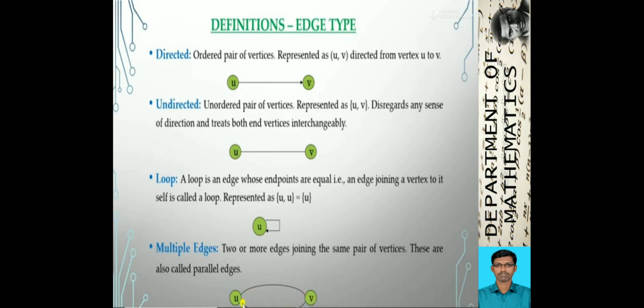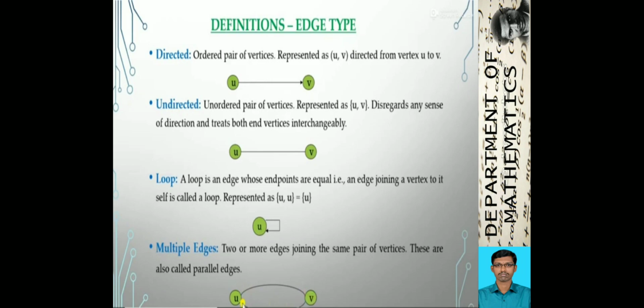Start from one vertex and again come to the same vertex, so it forms a loop. Suppose we have vertex U and an edge comes from this and goes to this. This makes a loop. So it is called a loop.